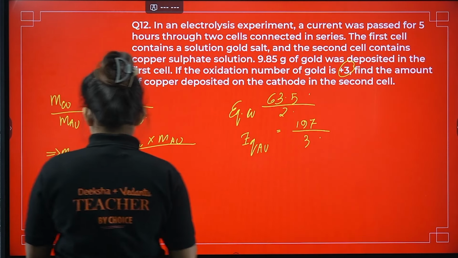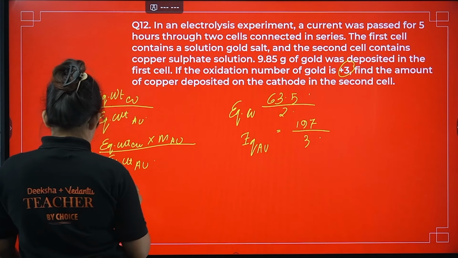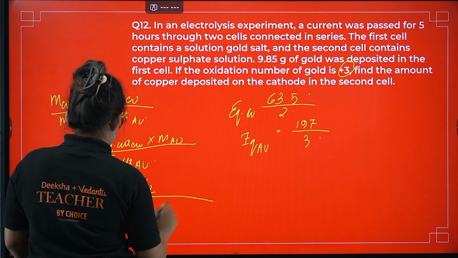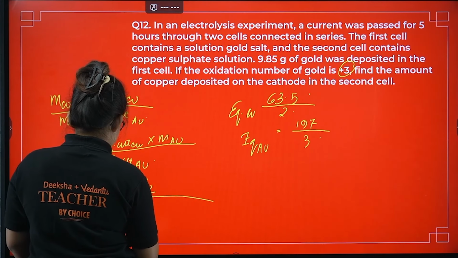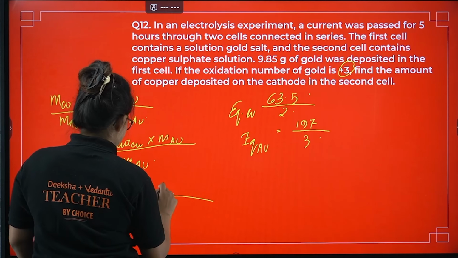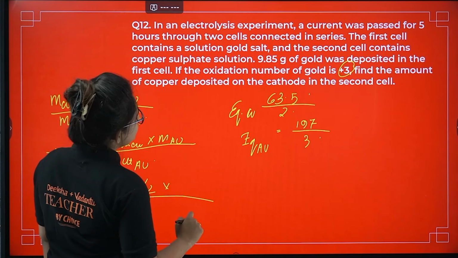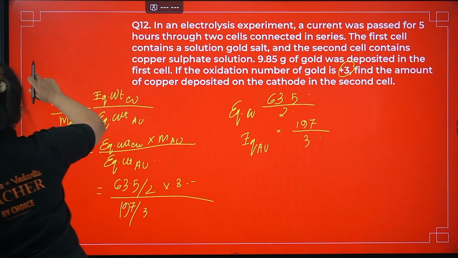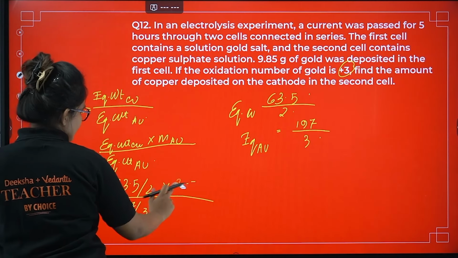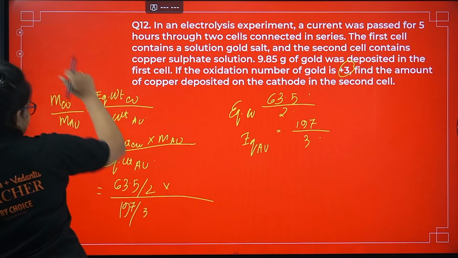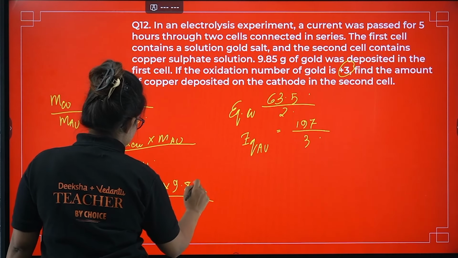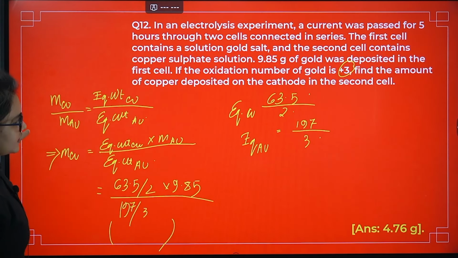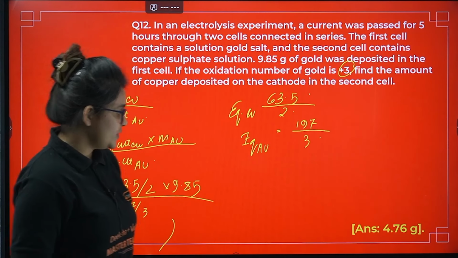Let's put everything here: 63.5 divided by 2, and here 197 divided by 3, and mass of gold is 9.85. If you do this, you will get your answer. Your answer should be 4.76.